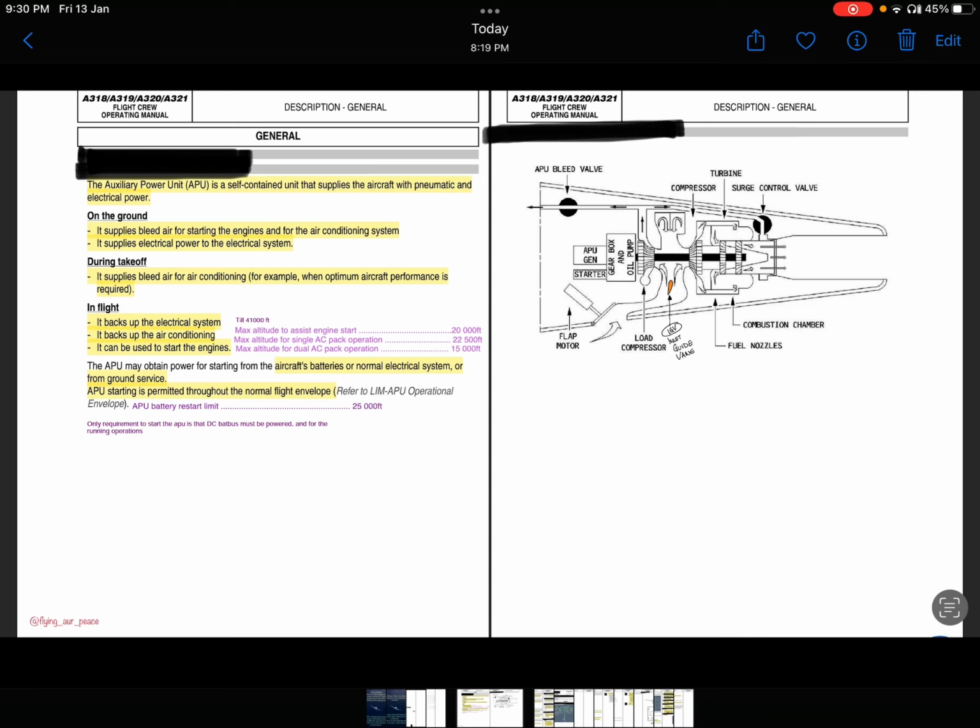For electrical supply, APU can be used up to 41,000 feet. One more thing: you can start an APU with batteries at or below 25,000 feet.